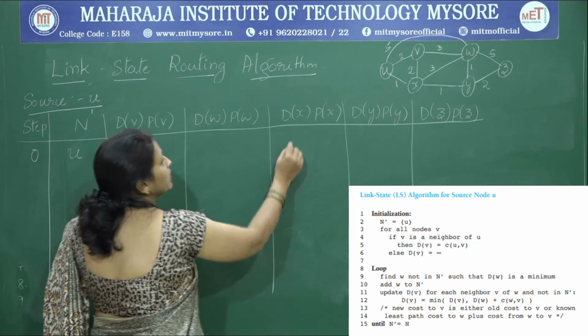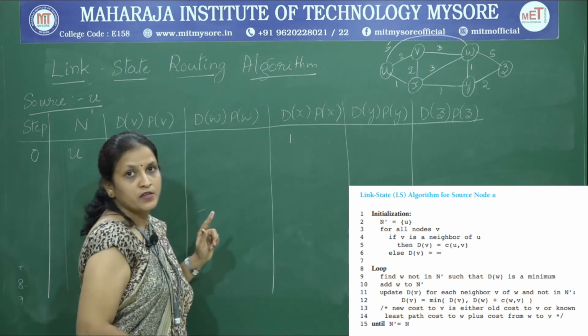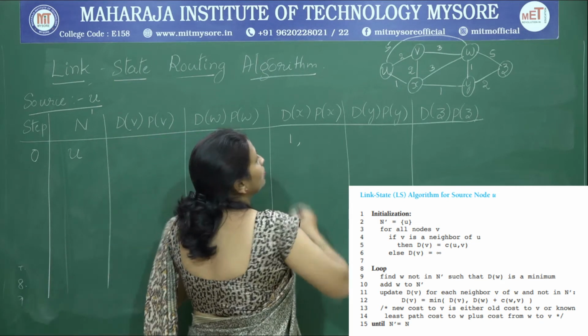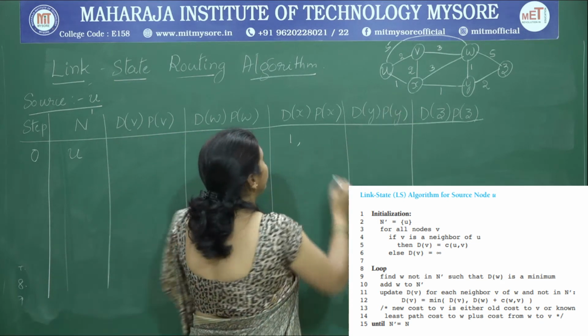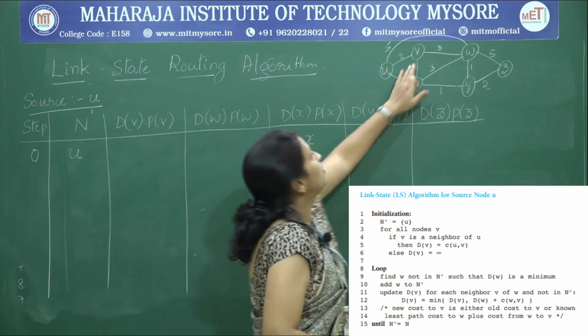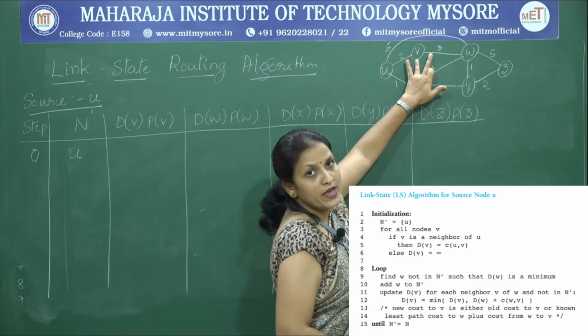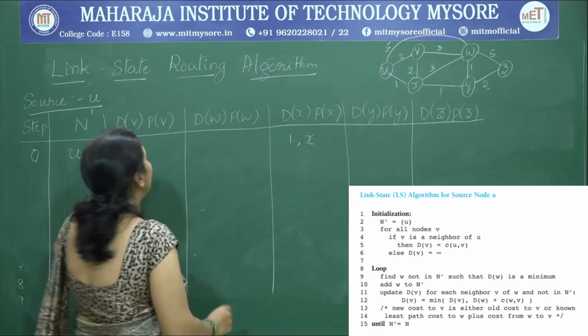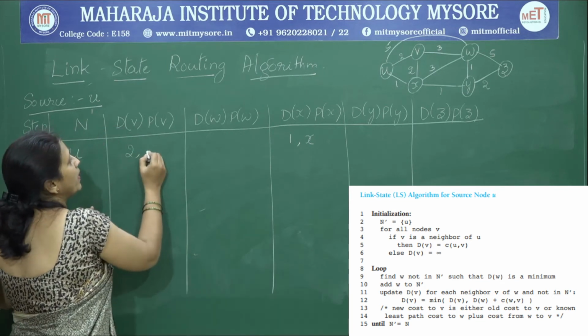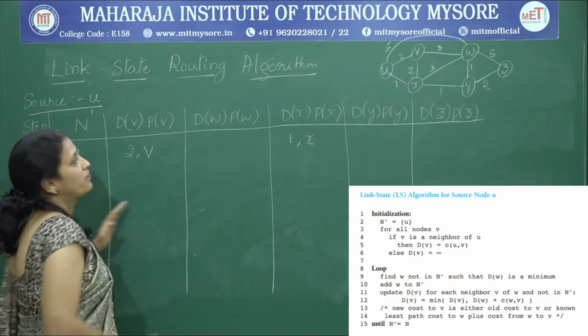So, d of x becomes 1 here, and it should pass through x. For v, it takes 2 as weight, so d of v becomes 2 and it is v.